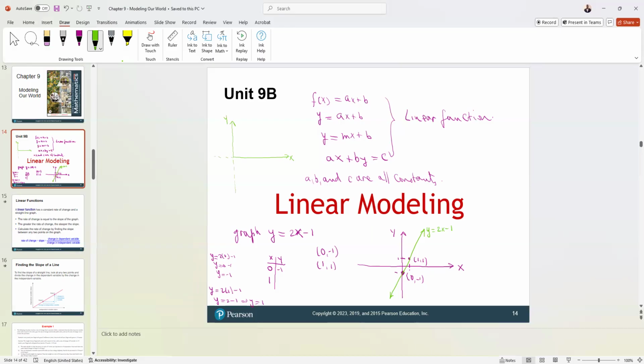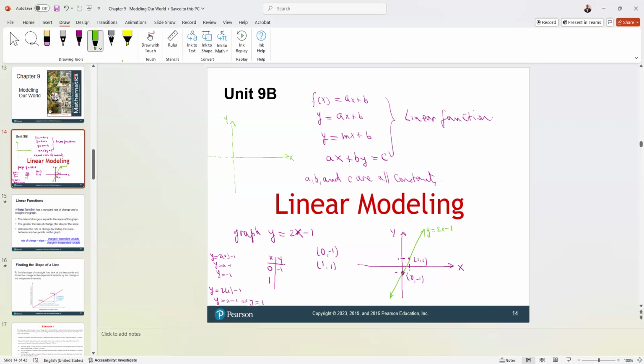Some data would never be negative. If we're talking about the age of students attending our college, there would be no negative ages, right? So that's why not all models use the whole plane.